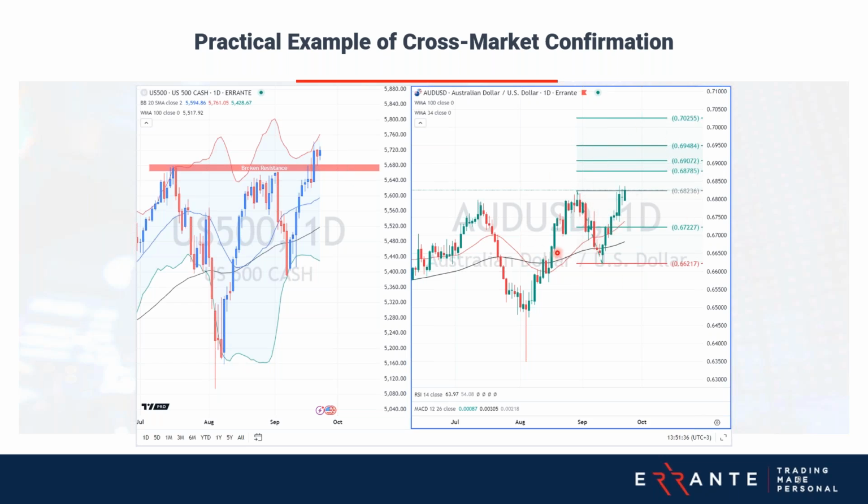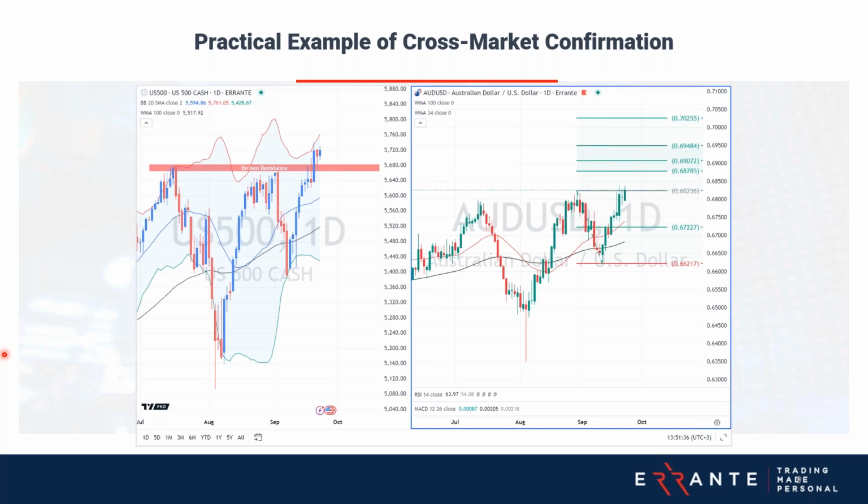The currency pair is trading above its moving averages, WMA 34 and WMA 100, confirming bullish strength in line with the S&P 500's rise. Fibonacci extensions suggest potential targets around 0.6878, 0.6907 and 0.6948, which could align with further strength in the stock market.